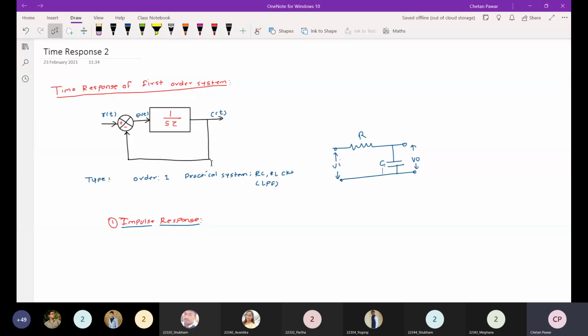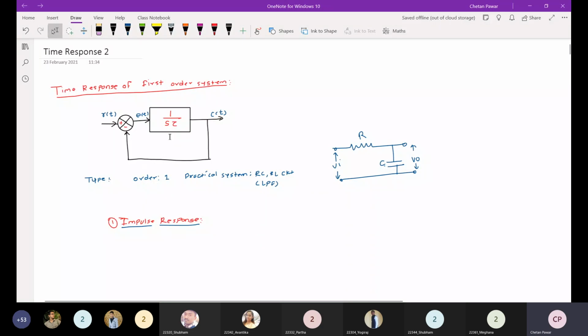By using one open loop system with the feedback, we construct the closed loop system. So every open loop system has a type and order. What is the type and order for this particular open loop system?